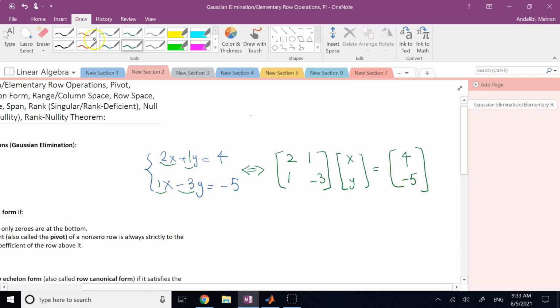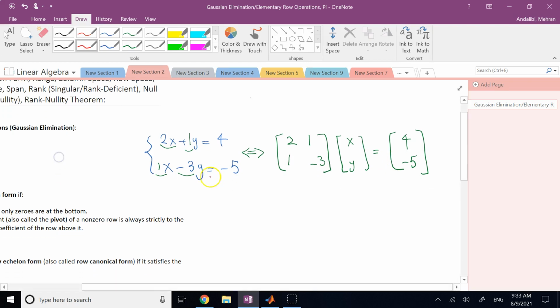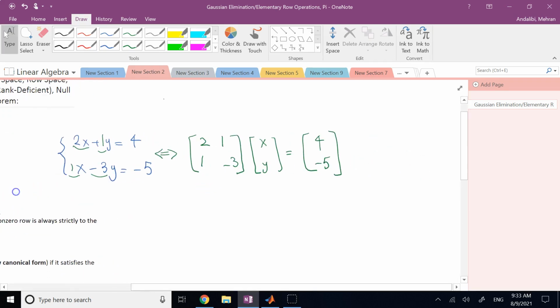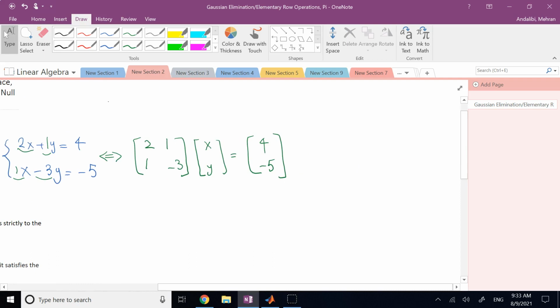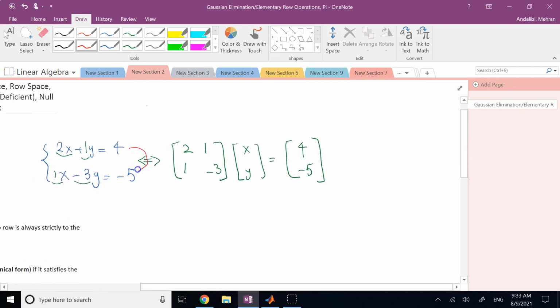Good. So now one of the things you can do is the order of the two equations does not matter. So it doesn't matter whether your first equation is 2x plus y equal 4 or it is x minus 3y equal negative 5. So basically if I exchange these two rows, bring this guy up, bring that one down, it's not gonna change anything. And what does that mean about the matrix?